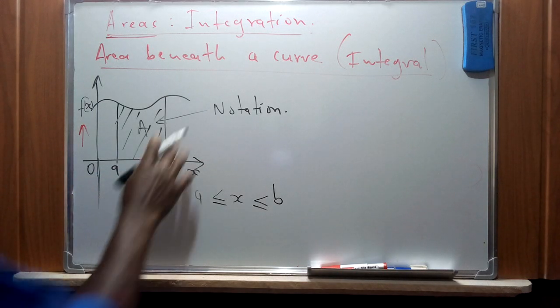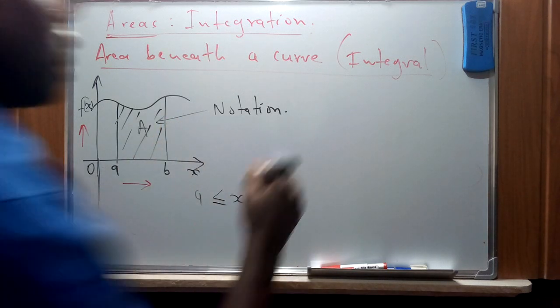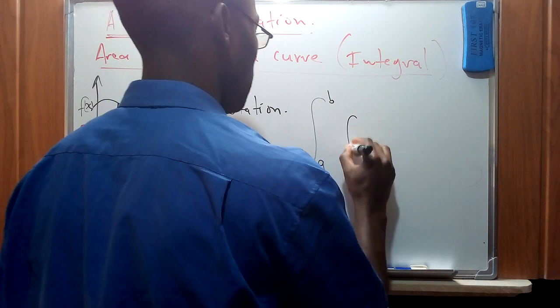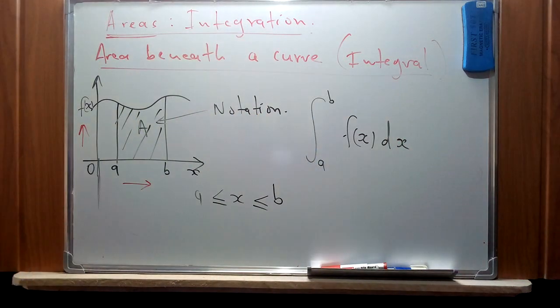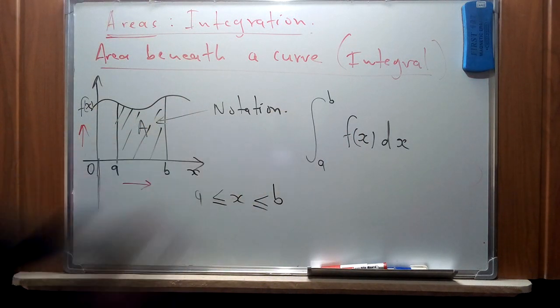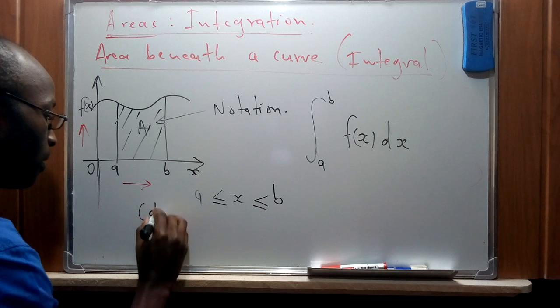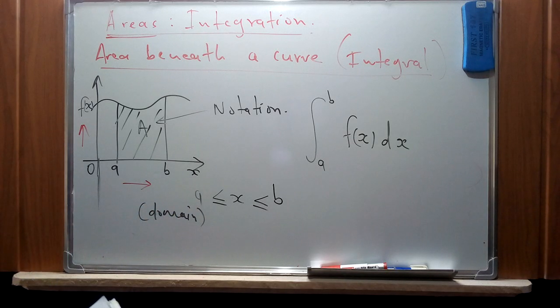Now for us to give an annotation, we'll use this term and say that we have defined this one in its definition of terms. So this area that is beneath the curve will be given as the integral of f of x from x equals A to x equals B. Of course, this will be the domain for that integral.